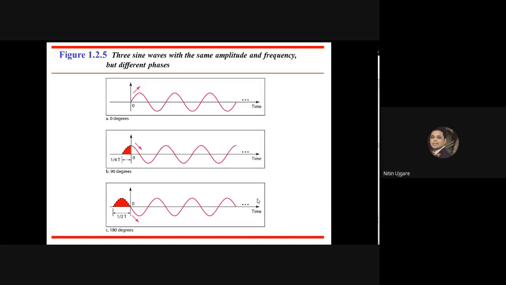What is its phase in degrees and radians? First you tell me in degrees. I will repeat the question. A sine wave has an offset of 1/6 cycle with respect to time 0. Calculate its phase in degrees. First calculate in degrees and then calculate in radians.